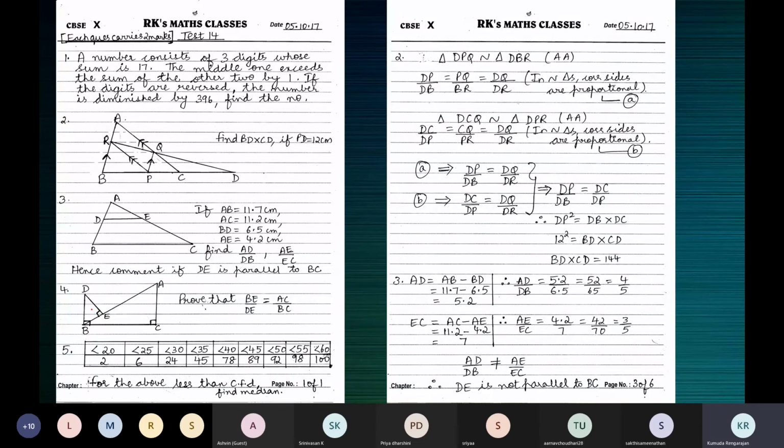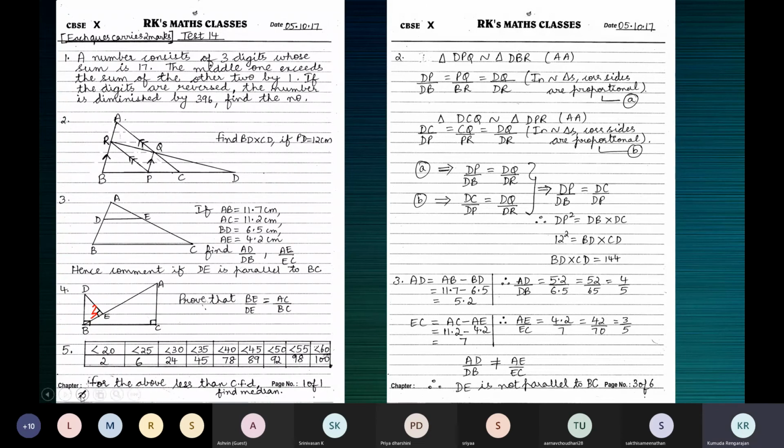Angle 3, ma'am. Okay, this is 3. Then which is 1? Angle ACB. 1 is angle DBC, ma'am. Okay, you read. You don't use the numbers. Name the angles and tell me.